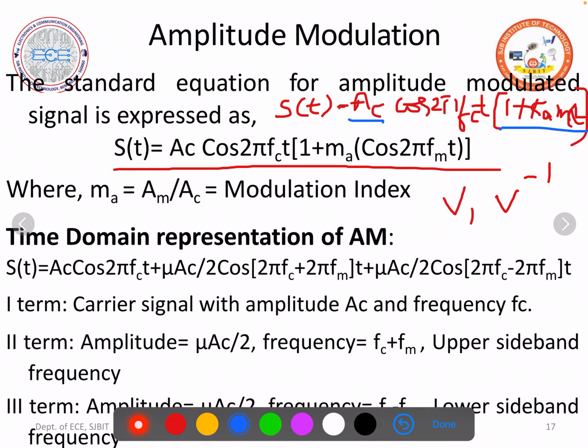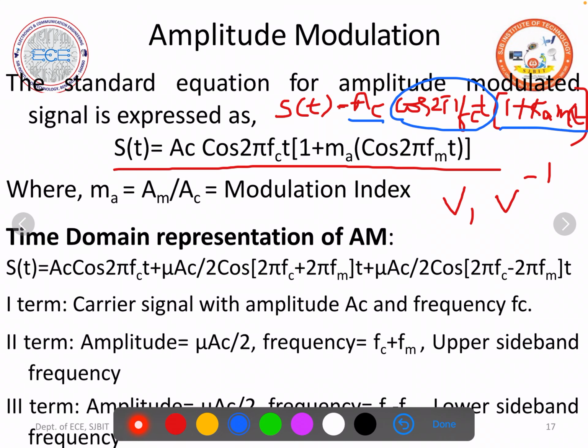And 2 pi fct, this term is the carrier wave which shows the frequency of the AM wave s of t. You have to recall that this wave s of t will have the same carrier frequency as that of Fc. So now we will see the time domain representation of the AM wave.